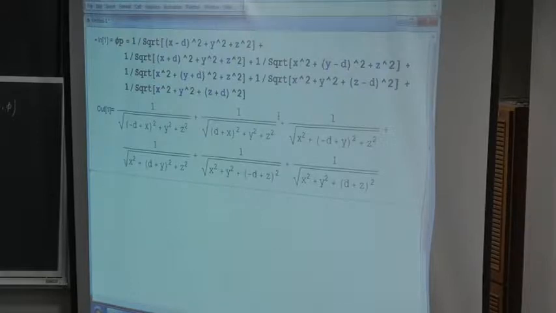Now what I would like to do is express this as a series, which has terms in x square, y square, z square.